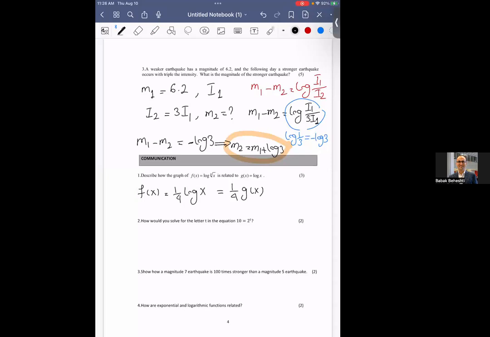So you just have a vertical compression with factor 1/4. Then, any other question? This page?